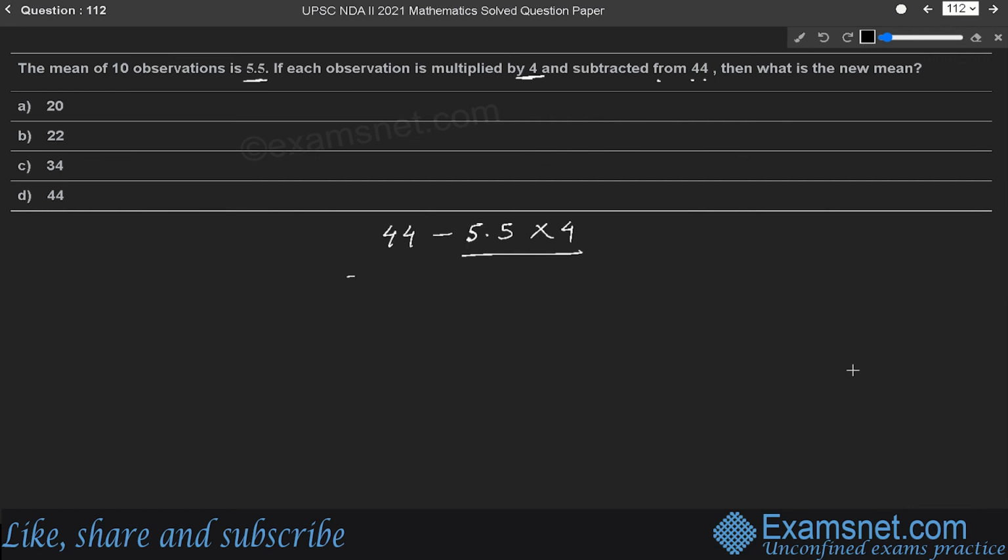So let us calculate the new mean. It will be equal to 44 minus 22. So it will be equal to 22. So the correct new mean is option number B, which is 22.